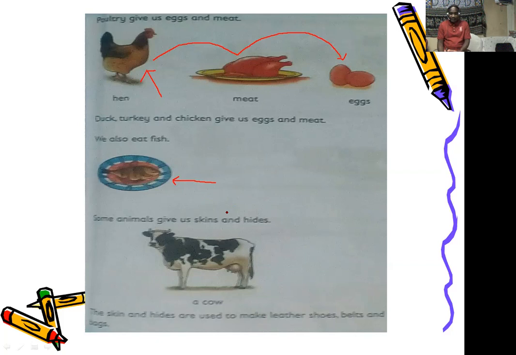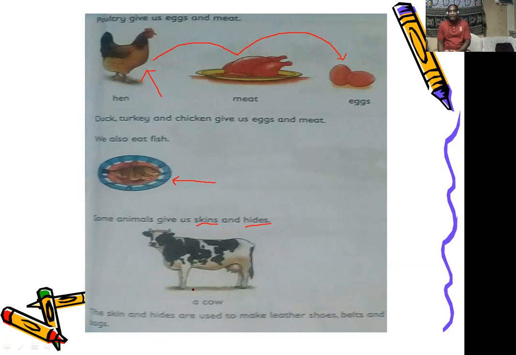Some animals give us skin and hide. Pupils, I want you to look at the word skin. And look at the word hide. Pupils, there is a difference between hide and skin. We get skin from small animals like goats.